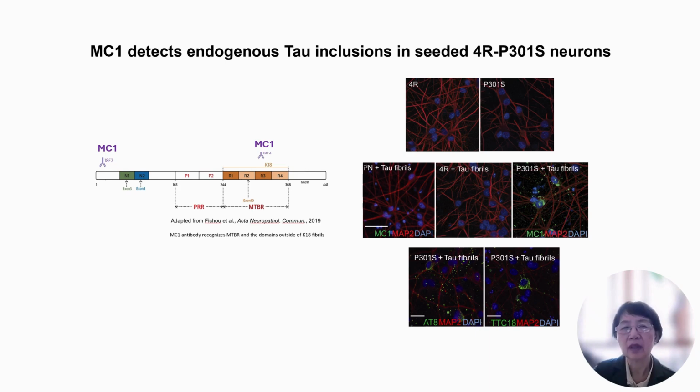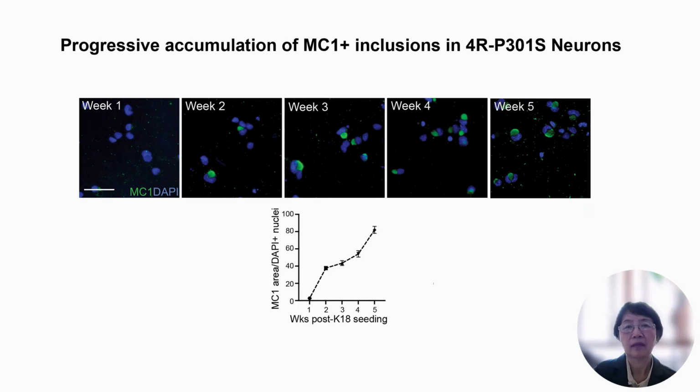We also observed an abundance of hyperphosphorylated tau and oligomeric tau in the mutant cells. We also observed a progressive accumulation of MC1-positive inclusions in 4R P301S neurons from 1 to 5 weeks post-seeding.